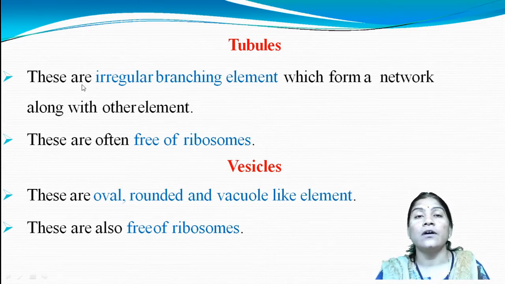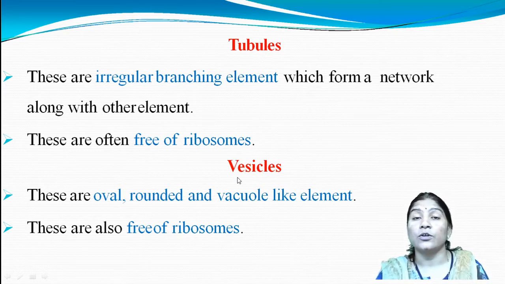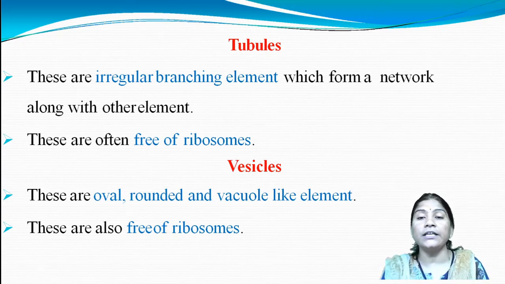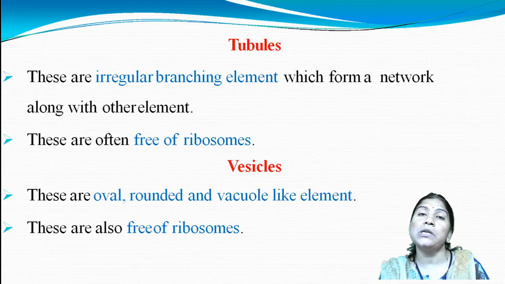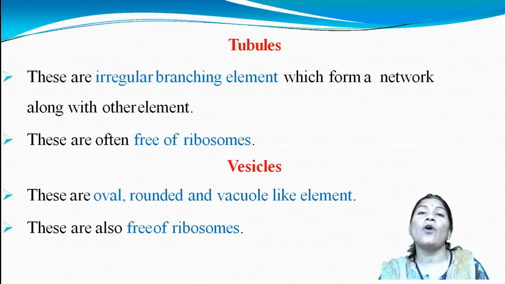And the next element of the endoplasmic reticulum is the vesicles. The name itself indicates the meaning. Vesicles are oval, rounded and vacuole-like structures. These are also free from ribosomes.